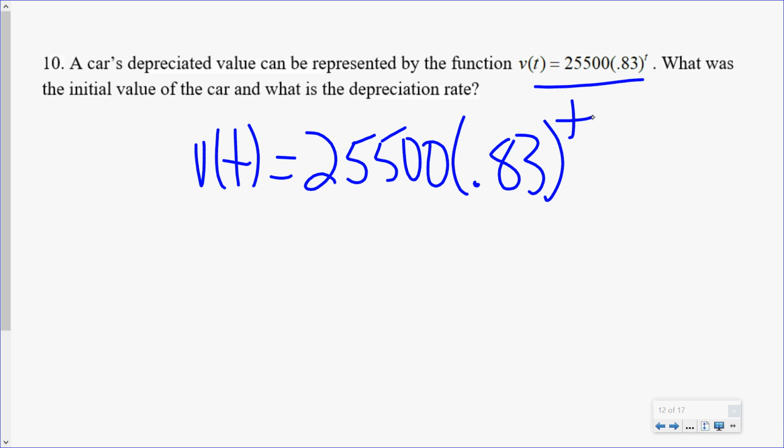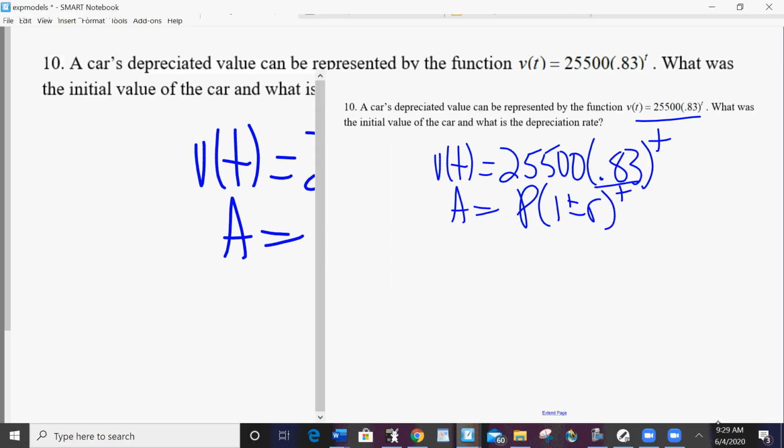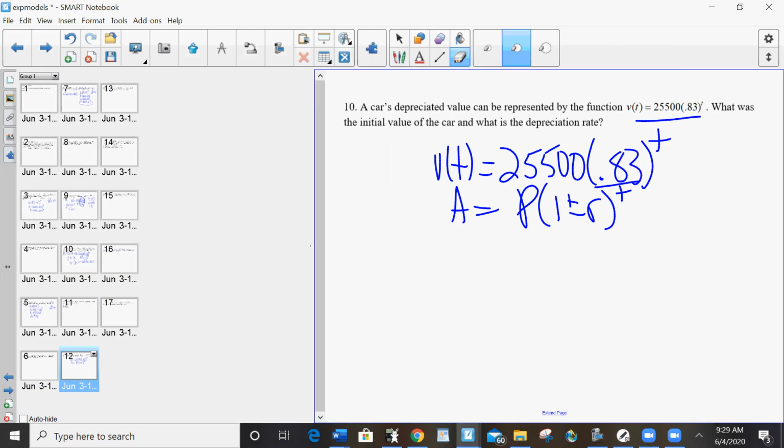25,500 times 0.83 to the power of time. Principal, parentheses 1 plus or minus the rate, to the power of time. Is this more than 1 or less than 1? Well, it's less than 1, which means that I am subtracting.